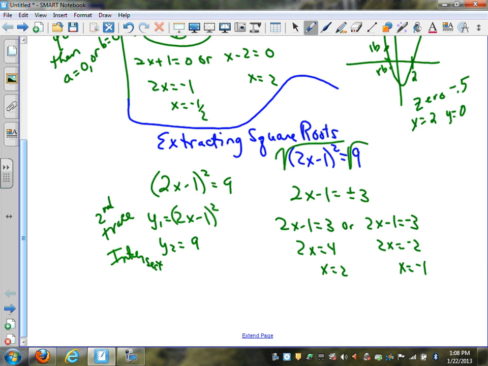That's one way to do it. Another way is to set it equal to 0, then graph y equals that quantity and find your zero, like we just did. There are two different ways you can solve that with your graphing calculator.